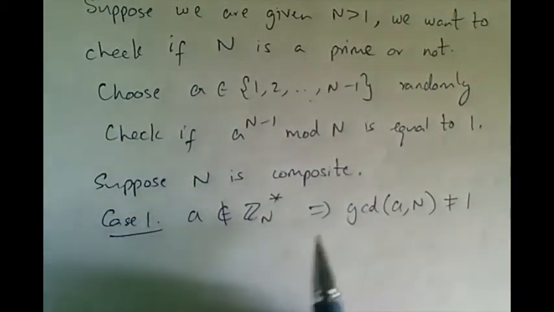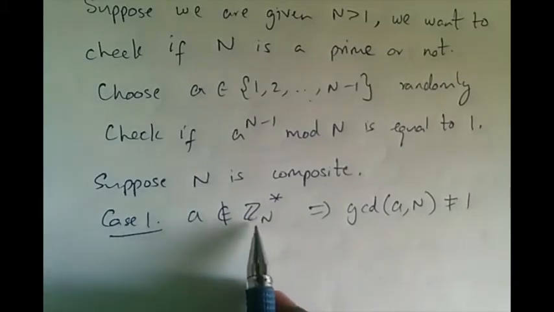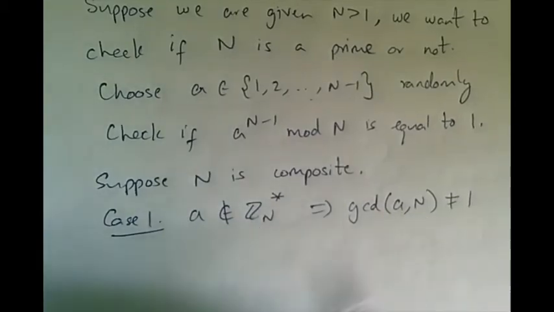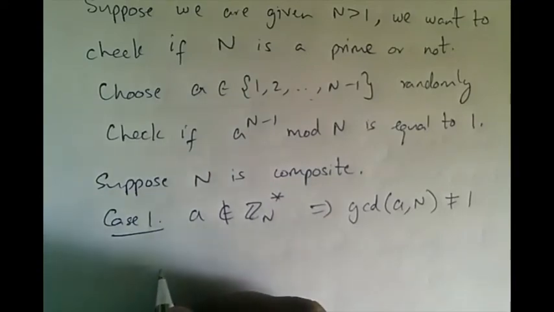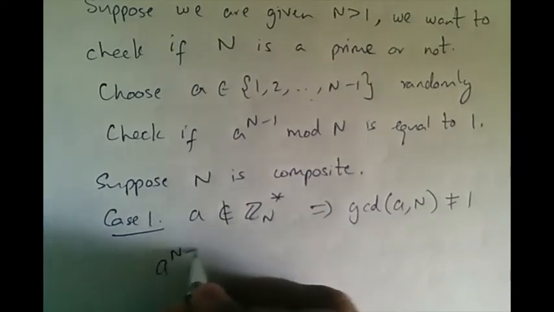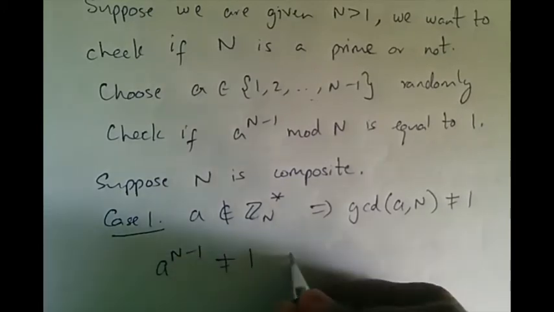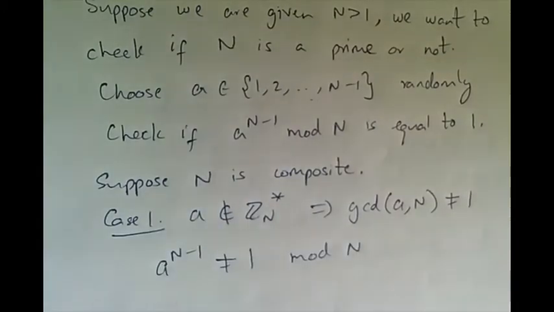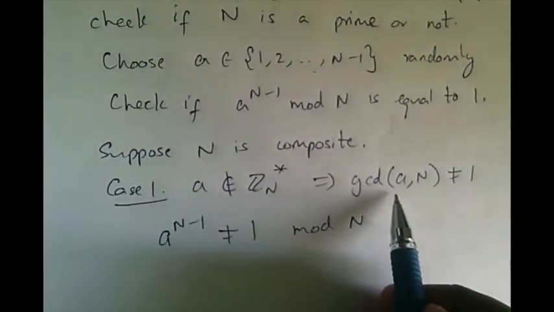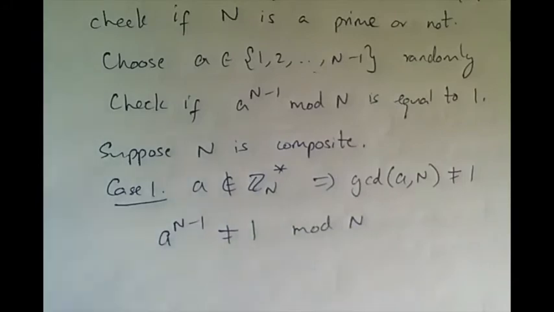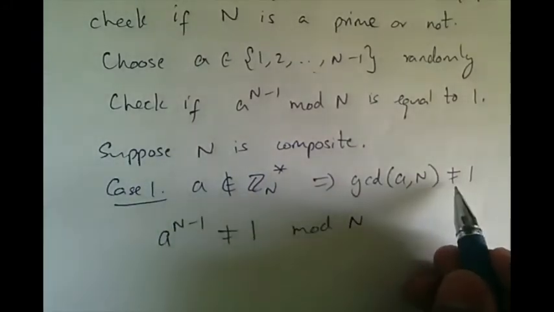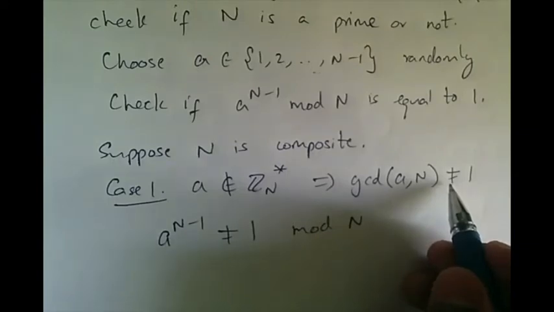Okay. So if a is not in Zn star, a raised to n minus 1 will not be equal to 1 mod n. Why is that? Because if the GCD of a and n is not equal to 1, we claim that the GCD of a raised to n minus 1 and n should also not be equal to 1.